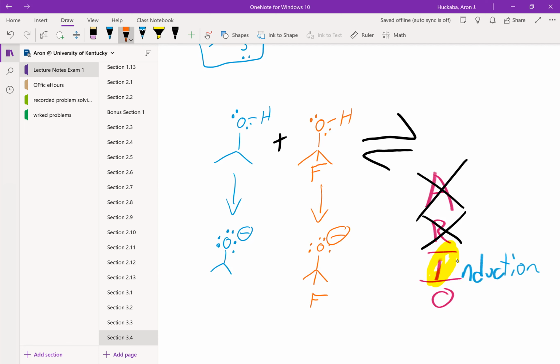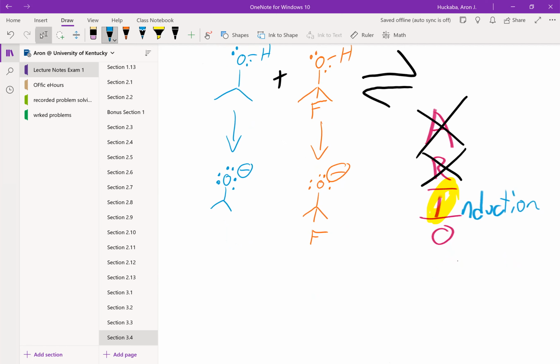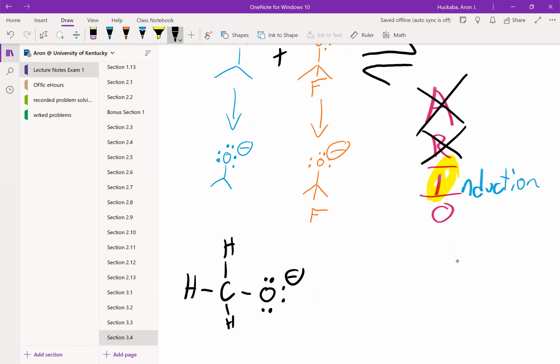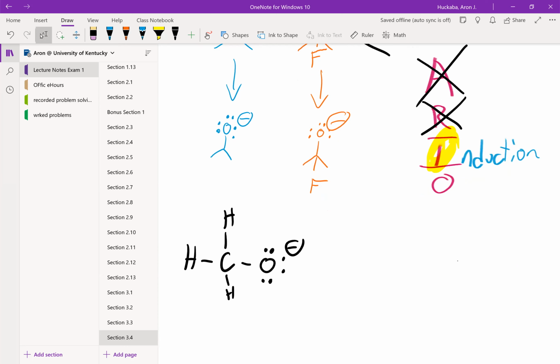And what it says is that if you have a polar group, like say for instance, let's have, for a little example, we'll use this molecule, very, very simple molecule. If you have this molecule, this methoxide, the negative charge here is not stabilized by anything, right?